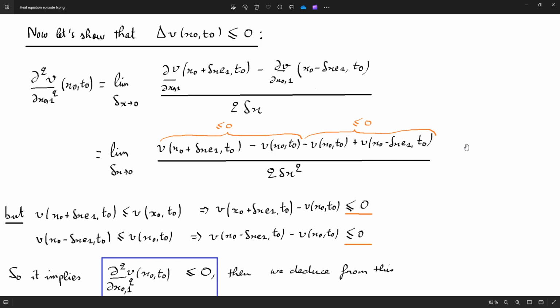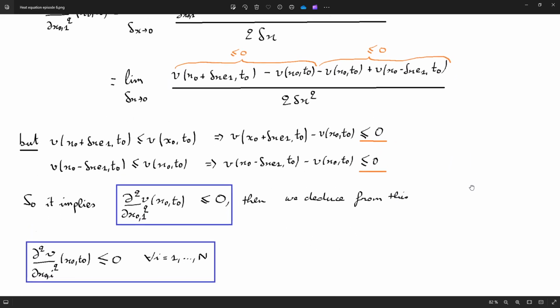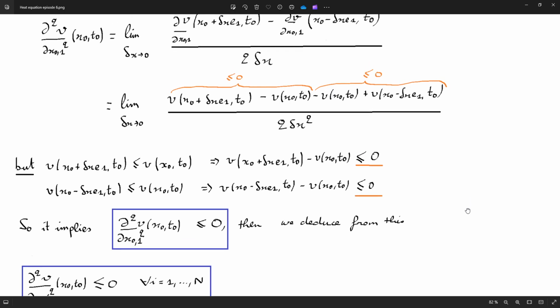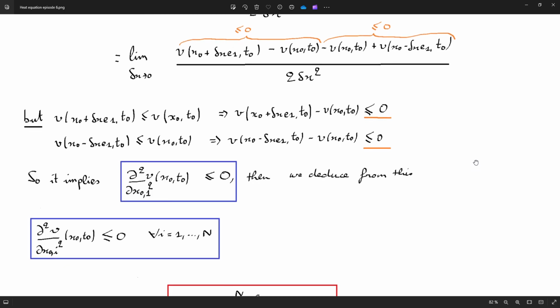We know by hypothesis that because v(x0, t0) is the maximum, the two following differences in orange are smaller or equal to 0. So we deduce that the second partial derivative with respect to x0,1 in x0 is smaller or equal to 0.